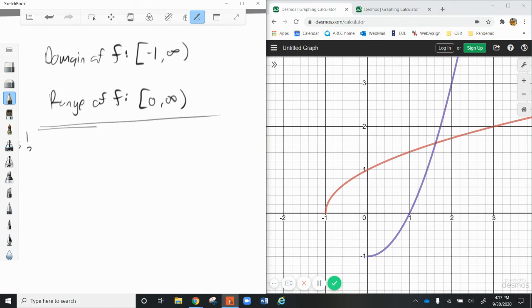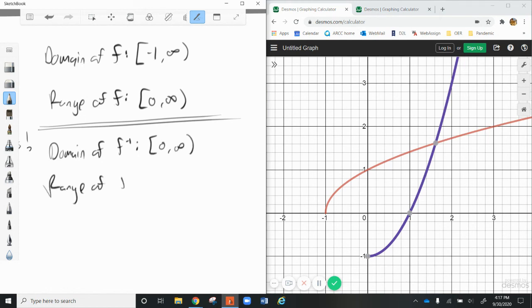Now if we look at f inverse, the domain of f inverse is the x values for this graph, starting at 0 and going out to infinity, 0 to infinity. And the range of f inverse, the y values, starts down here at -1 and goes up to infinity, -1 to infinity.